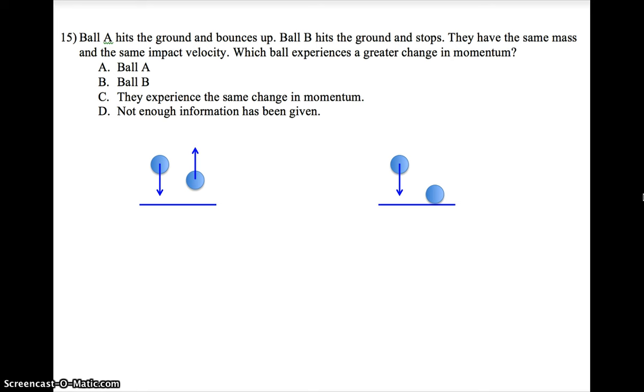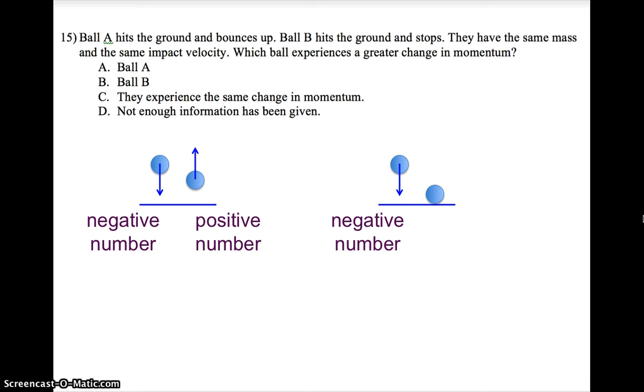Initially, they both have a negative number as the initial velocity. The negative value is because the ball is going down. So the initial velocity is negative. For ball A, the final velocity is a positive number. For ball B, the final velocity is 0.